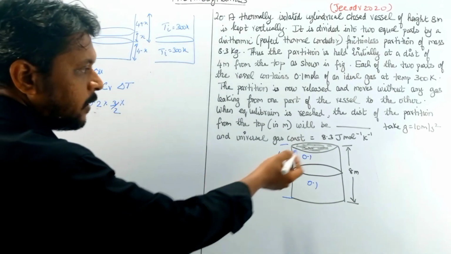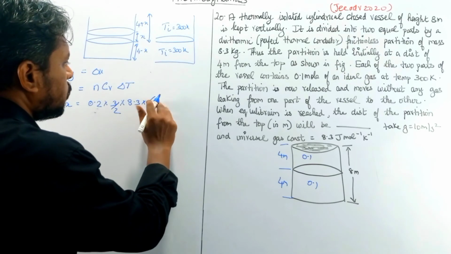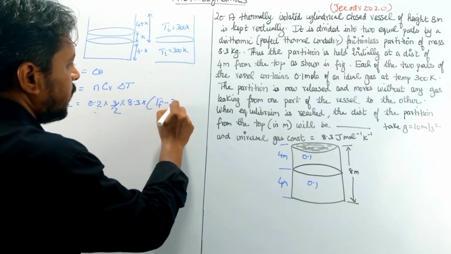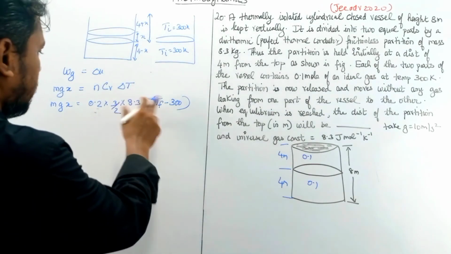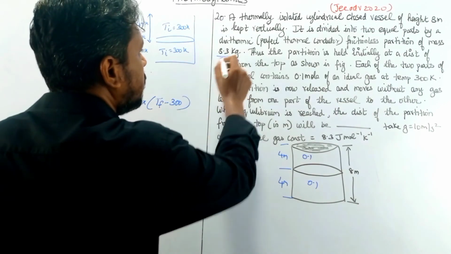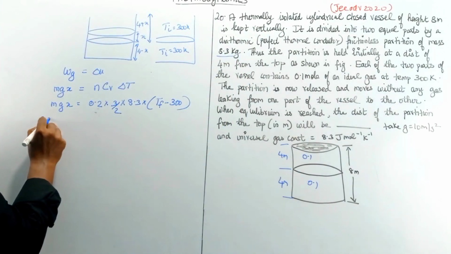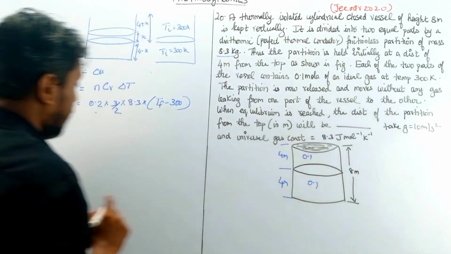The value of R given is 8.3, and delta T is the final temperature minus 300, because the initial temperature is 300 Kelvin. M is also given as 8.3 kg, and g is to be taken as 10.